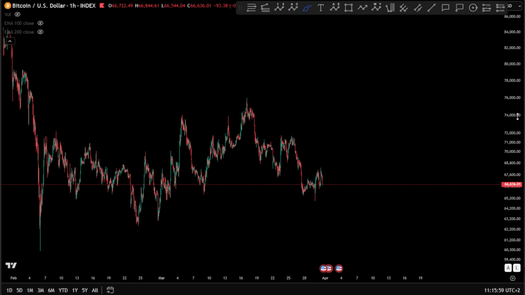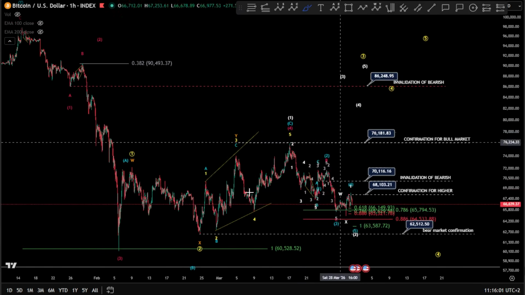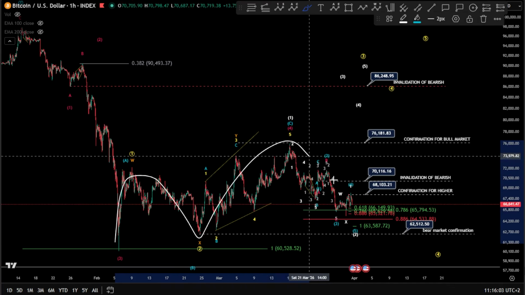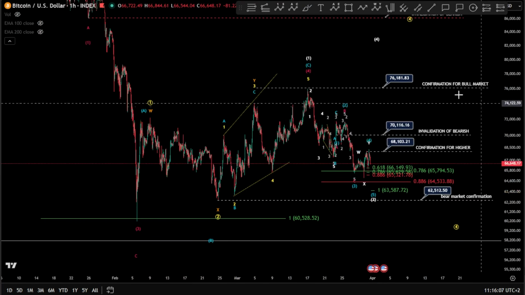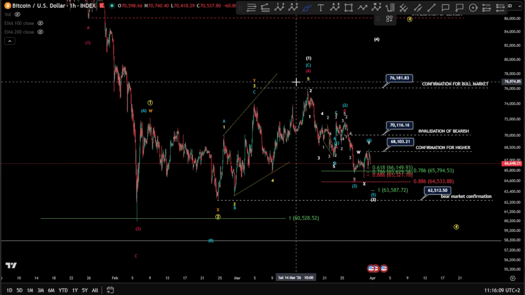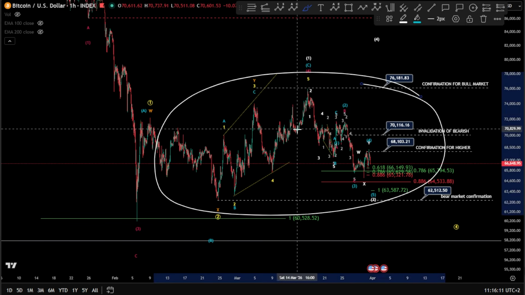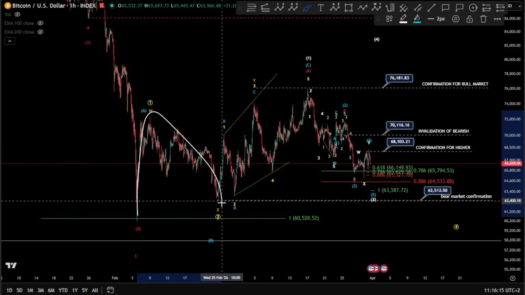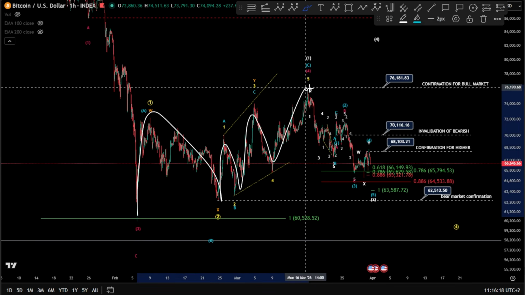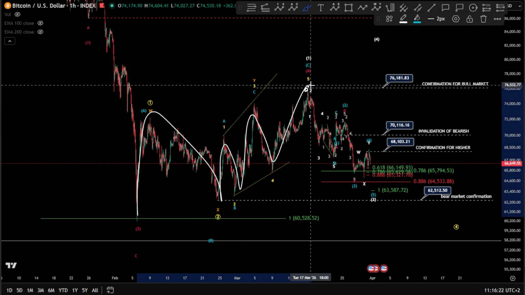If we dive inside it on the 1 hour chart, we see, of course, our two probabilities here. Of course, the market, to make it complicated for us, doesn't always give us a clear signal, especially when we are looking for a decision between bullish and bearish. So if we are in 1, 2, another expanding diagonal, which is a motive wave, 5 waves, it can also be playing as a wave 1 here.